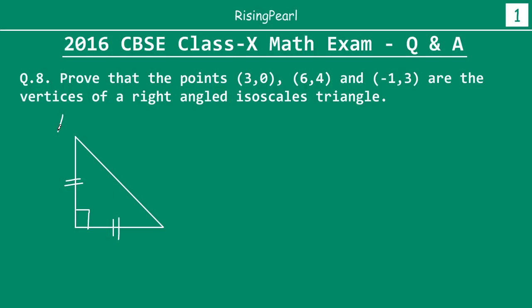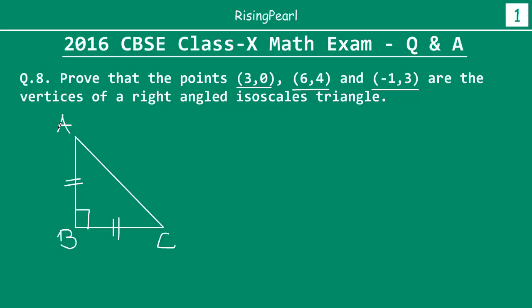We don't know which is A, which is B, which is C, since all we have been given are the coordinates of the points. But we do know that in any right angle triangle, if two sides are equal, these two sides need to be equal because the hypotenuse is the longest side.